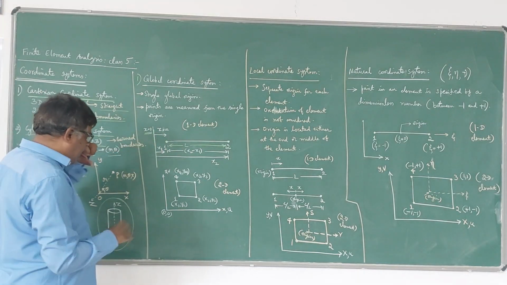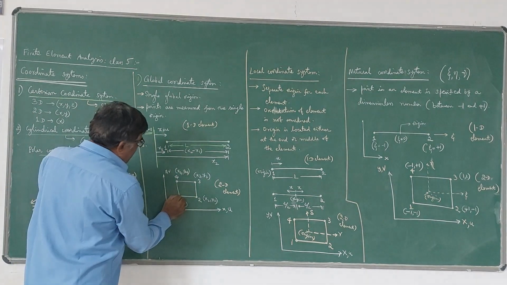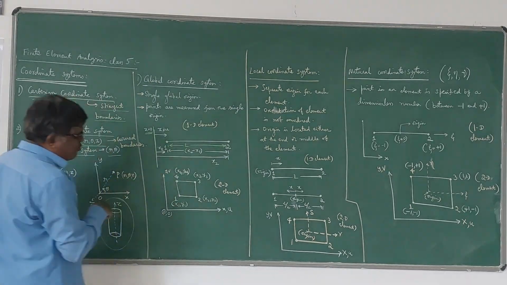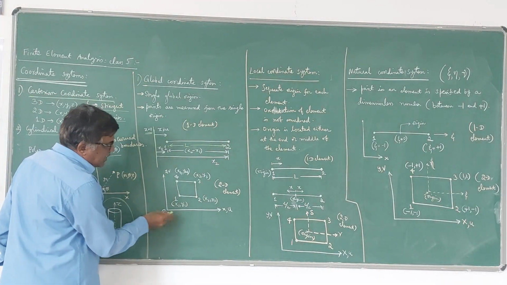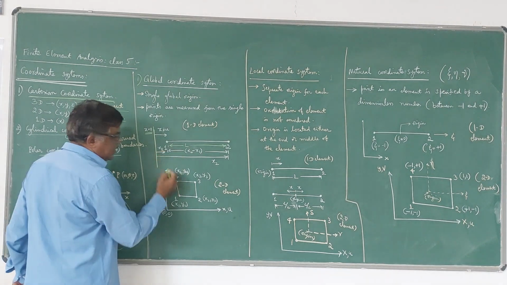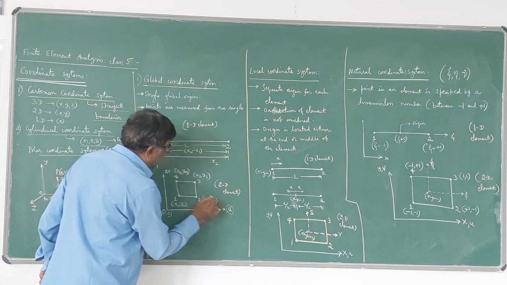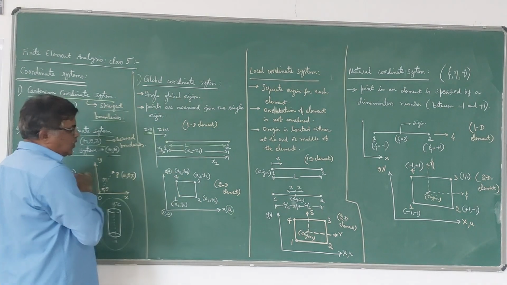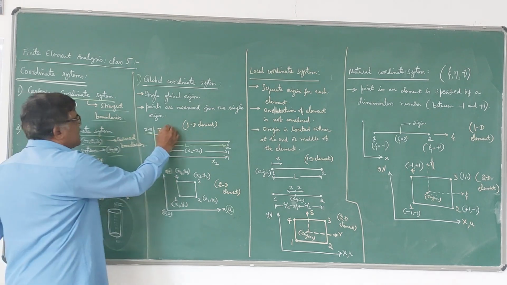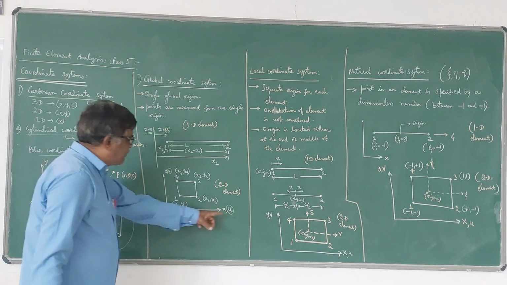In the case of a two-dimensional element, something like this, in the global coordinate system, you have x in this direction, y in this direction. Corresponding displacements you can take as u and v. Here only u will be there in one dimension. Here both u and v will be there.